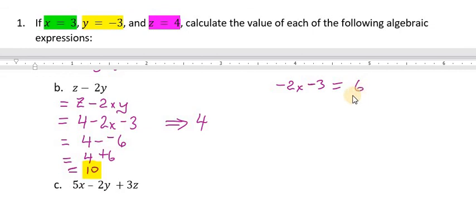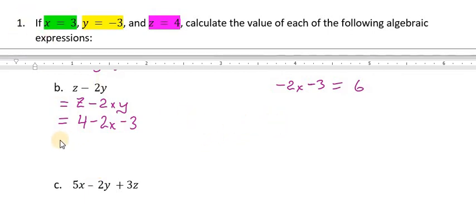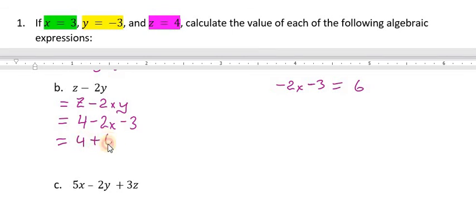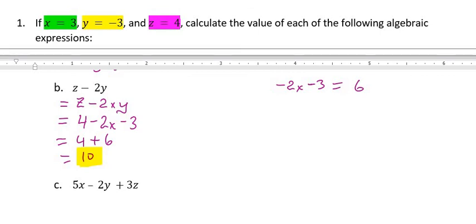That's positive 6. So you'll write it here as plus 6. 2 times 3 is 6. So it's 4 plus 6, which is 10. So that could work as well.